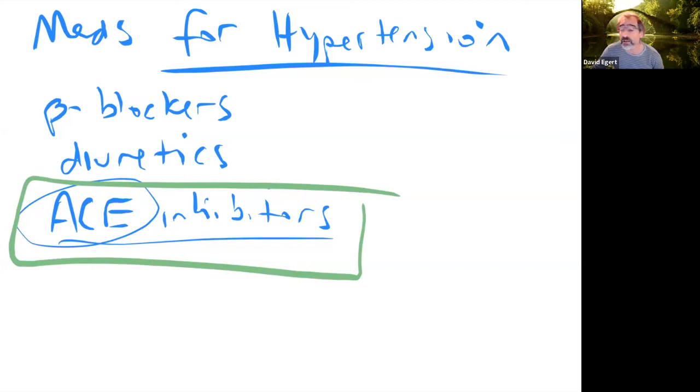If you block the formation of angiotensin 2, you're going to stop all that stuff we just talked about. You're not going to have the vasoconstriction from the angiotensin 2 and the ADH, which are going to be jacking up the blood pressure. You're not going to have the volume increase from the ADH and the aldosterone, which increase blood pressure. So by blocking ACE, you are going to be able to stop both those short-term and long-term mechanisms from keeping the blood pressure higher.